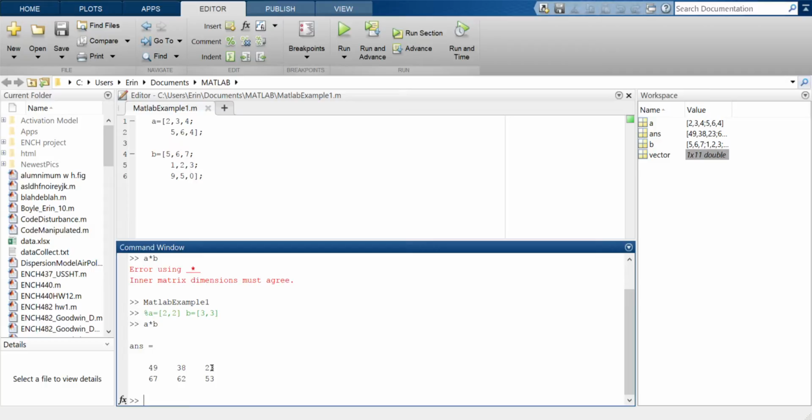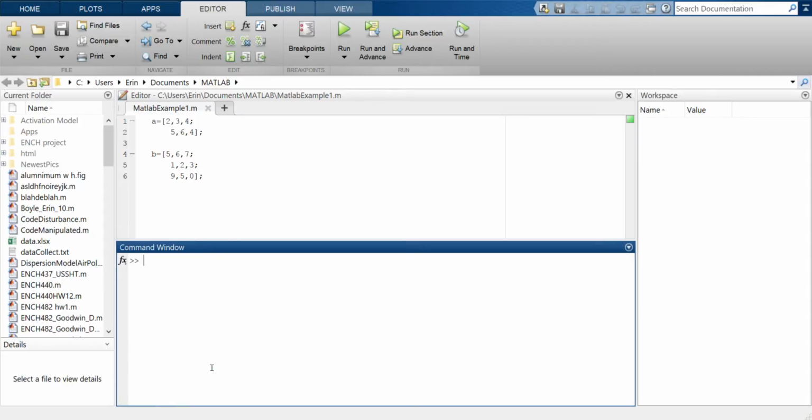This does not mean necessarily that we can multiply B times A. B times A does not equal A times B. So if I try multiplying B times A, I'm going to get that same error because now B is the first term and A is the second term. There's a lot more complicated stuff with matrix multiplication, but that's pretty much all that I'm going to introduce in this video. There are a lot of resources out there that you can look up for matrix multiplication.